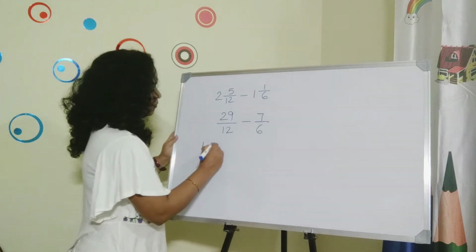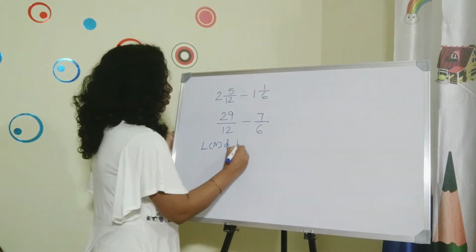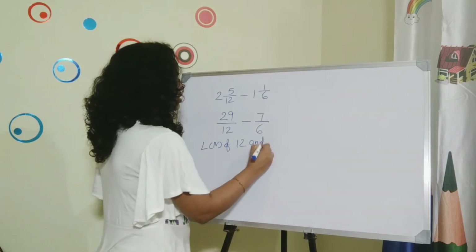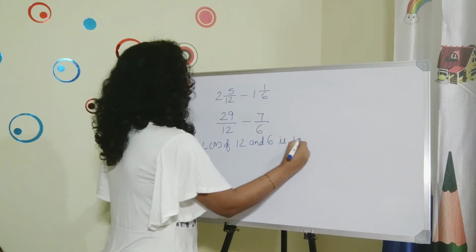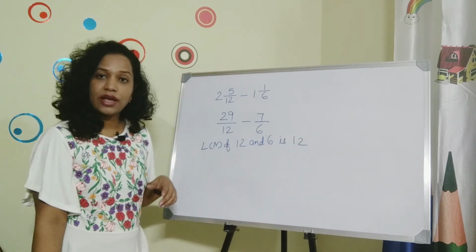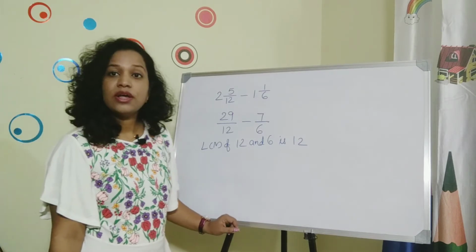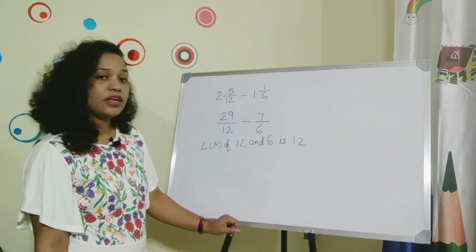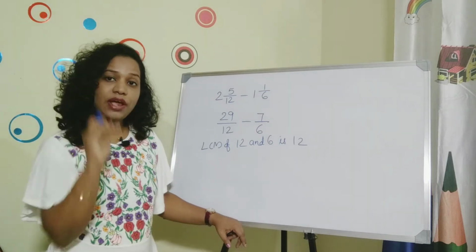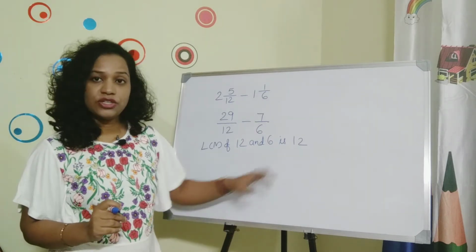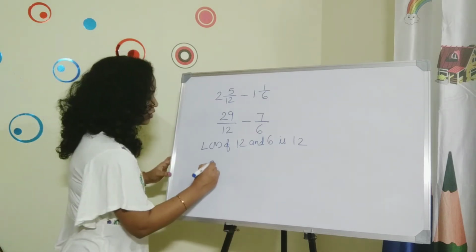So LCM of 12 and 6 is 12. So we got that. Now what is the next step? We have to convert them to like fractions. That means we have to make fractions with the denominator 12.